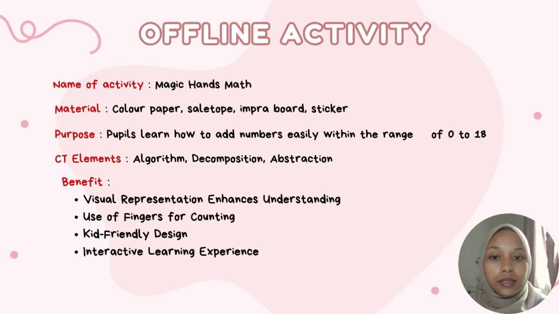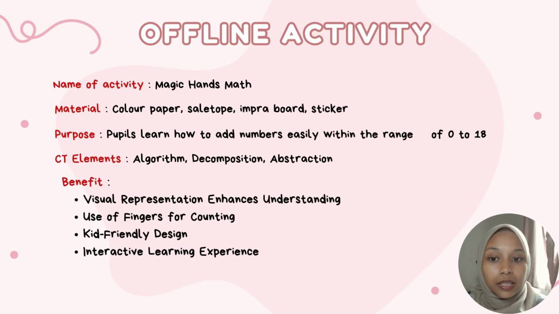This is the detail about the offline activity that I created based on the title that I chose. The name of the activity is Magic Hands Maths. The materials that I use are color paper, sellotape, improboard, and stickers. The purpose is for pupils to learn how to add numbers easily within the range 0 to 18.